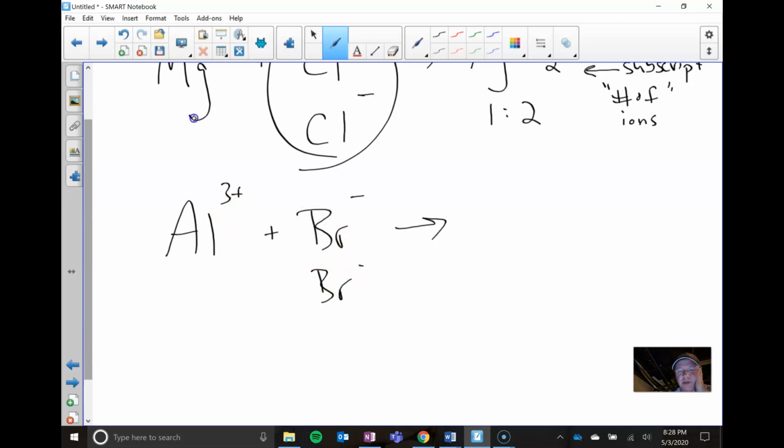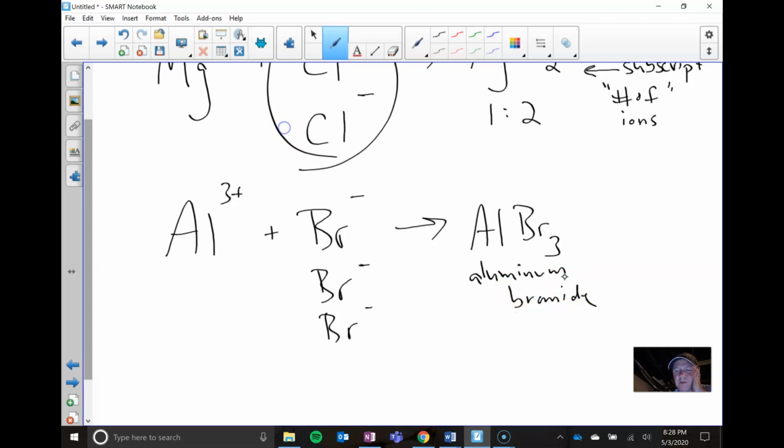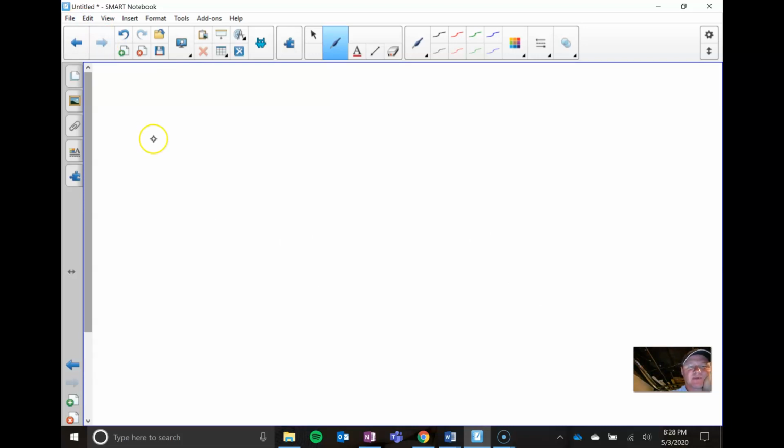Yep, it's going to take 3 of these, 3 of the -1s to balance out the +3. So AlBr3, and we've got our neutral compound. The name of that is aluminum bromide.